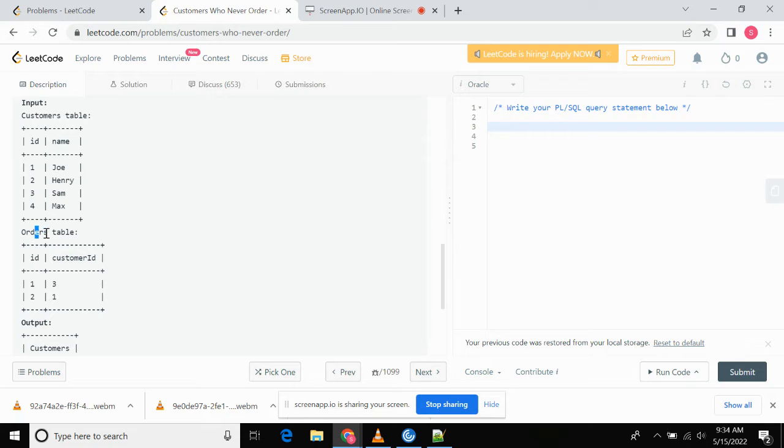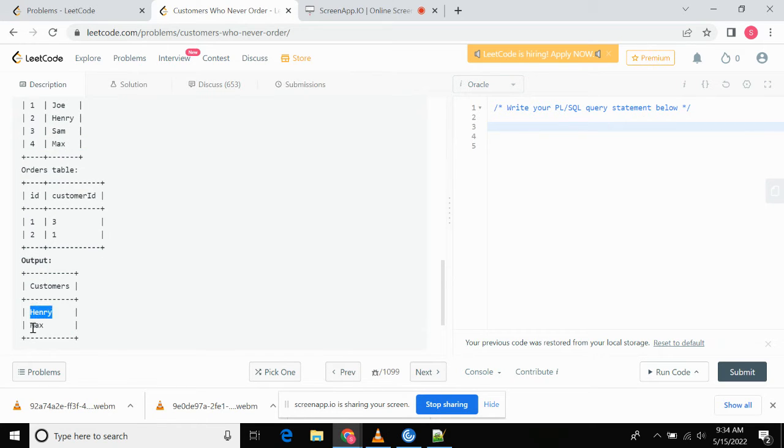In this particular order table, the customer ID, if you could see, number 3 is given and number 1 is given, which means there are only two customers who order and there are two customers who never order. So just by looking at this, you can easily find out that you have to populate this particular customer Henry and Max, because you won't find the details of these customers in the order table.